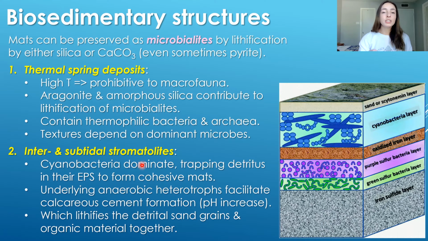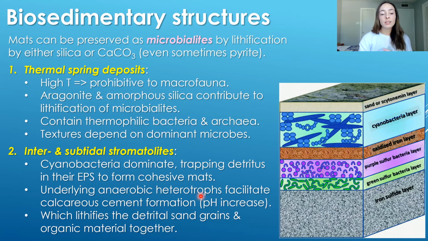And it isn't actually the cyanobacteria that promote the calcification of microbial mats in these inter and subtidal environments. Actually, cyanobacteria, yes, they do trap detritus in their EPS, but since their metabolic pathway promotes a decrease in pH, they actually prohibit calcite deposition, whereas the underlying anaerobic heterotrophs facilitate calcareous cement formation because their metabolic pathways promote an increase in pH, which is favorable for calcite deposition.